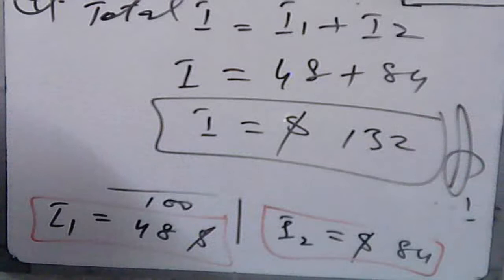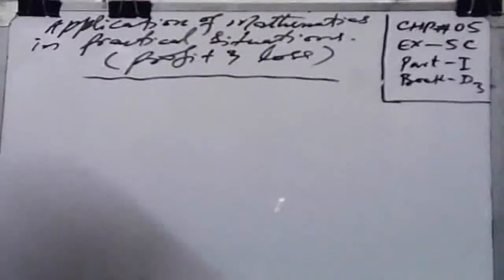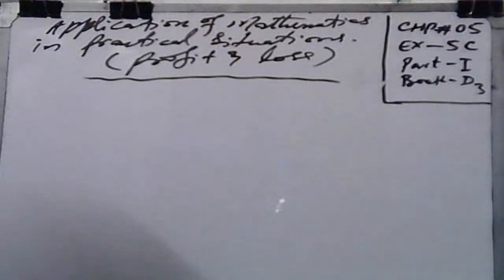Similarly, in question number 5, read the statement. In question number 5, how long would $1,250 have to be deposited at 6% per annum to gain a simple interest of $750?